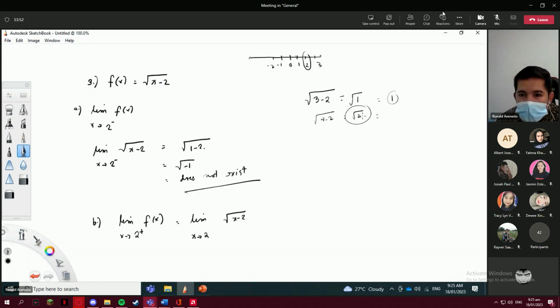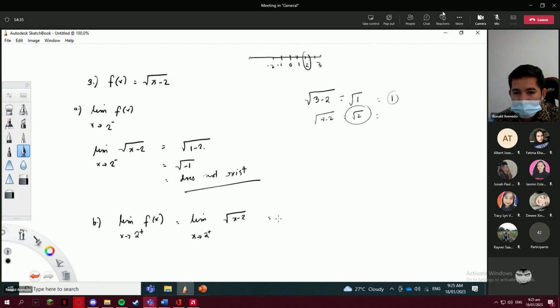Now, since we have a limit here, the limit on the right of 2 exists. So it has a possible limit. Unlike on the left, which gave us a negative answer, so it does not exist. Since it exists on the right side, go back to the shortcut method: to find the limit, we substitute right away the value of x, which is 2.